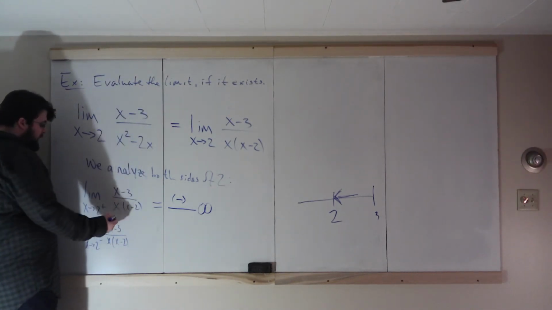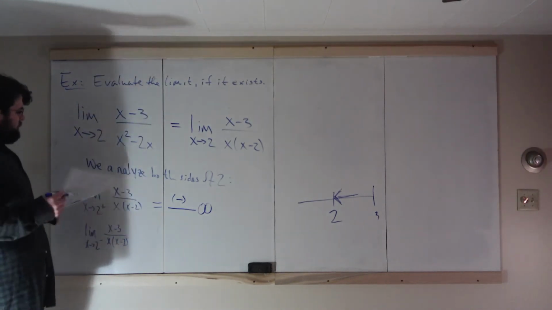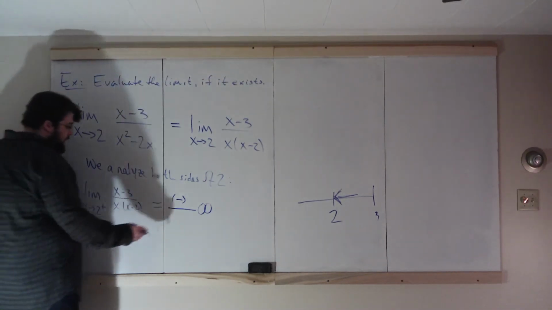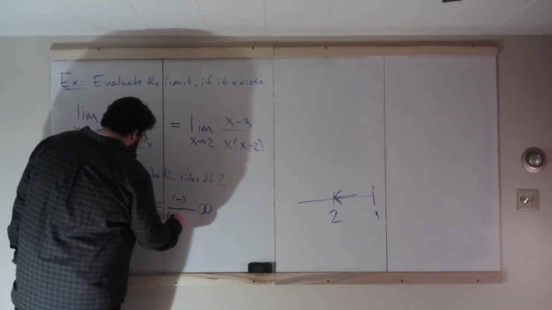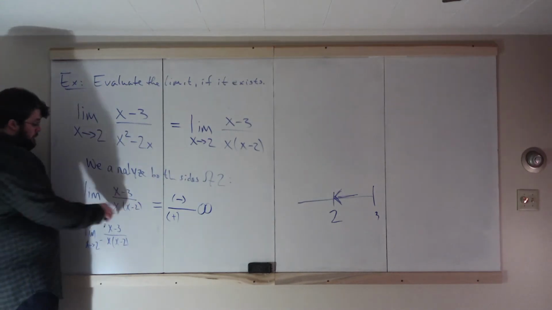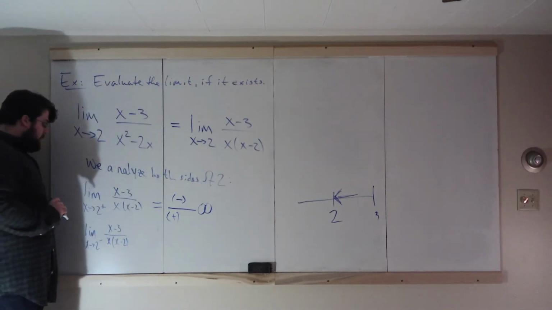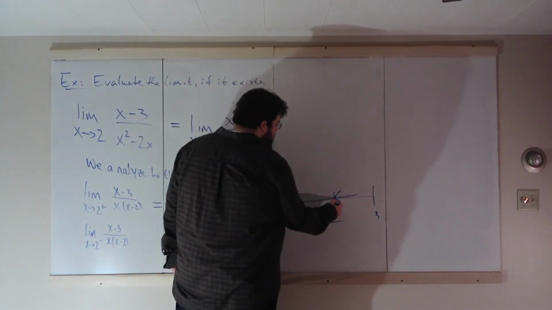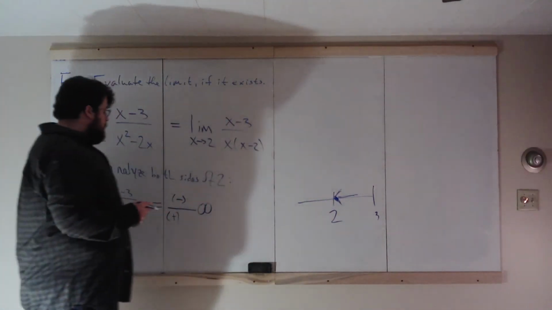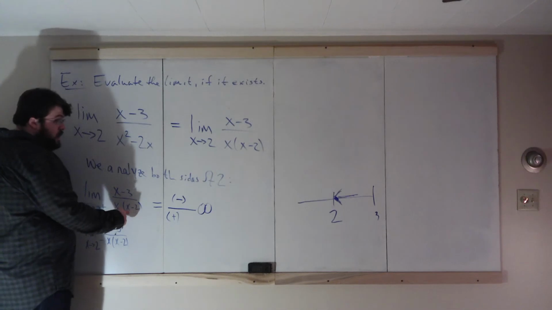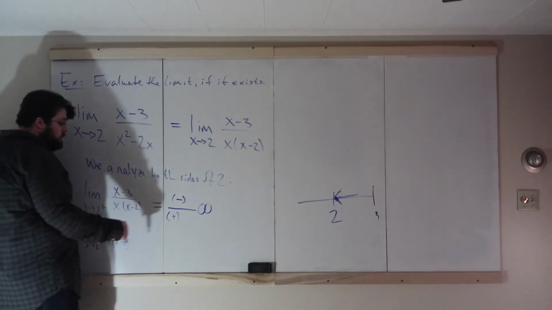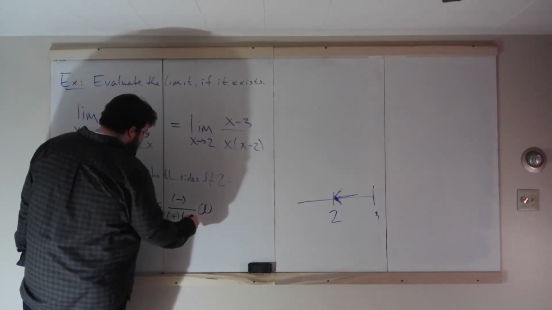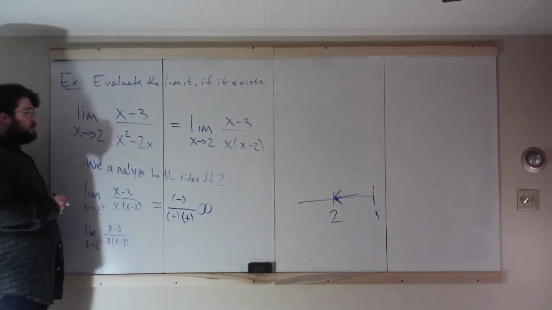This first piece, x, on the right of 2, you'll get a positive number. And for this last term, x minus 2, substitute numbers on the right of 2, those numbers minus 2 are positive.